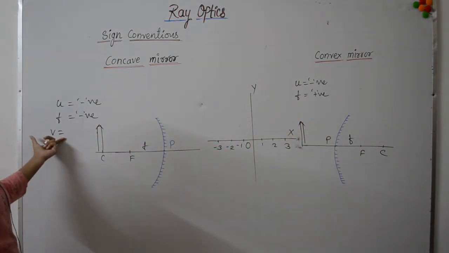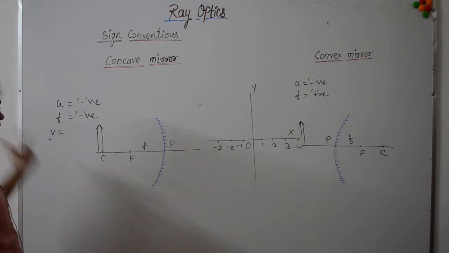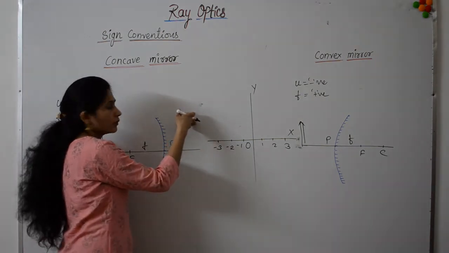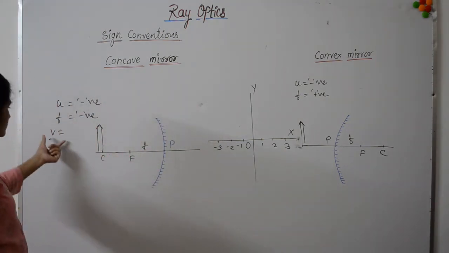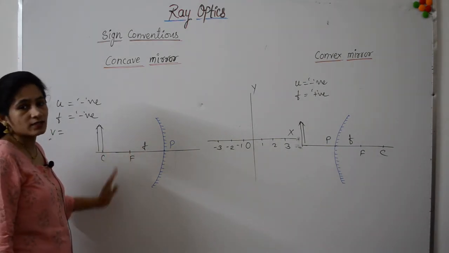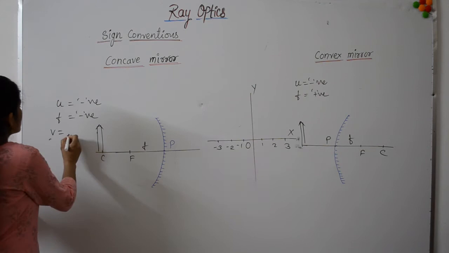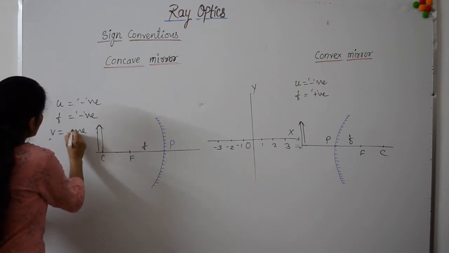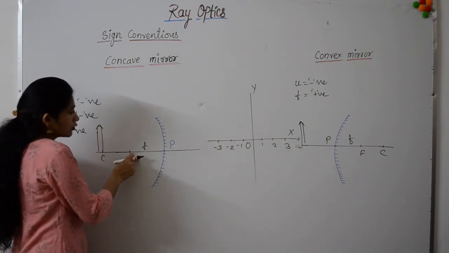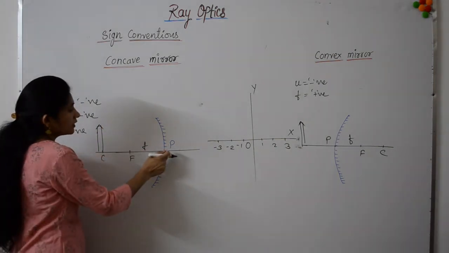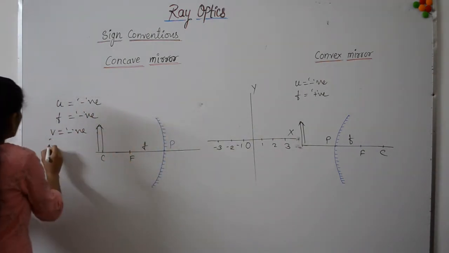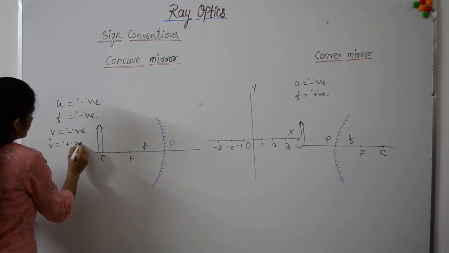Next is image distance. Now this image distance depends whether the image forms on the left side of P or on the right side of P. In concave mirror, in all the cases the image forms on the left of P and it is real. Therefore image distance is negative. But there is only one case, when the object is between focus and pole. In that case the image forms behind the mirror, and therefore in that case it will be positive.